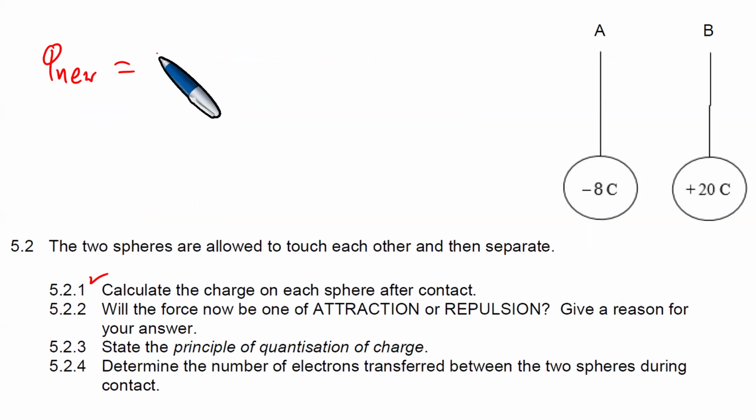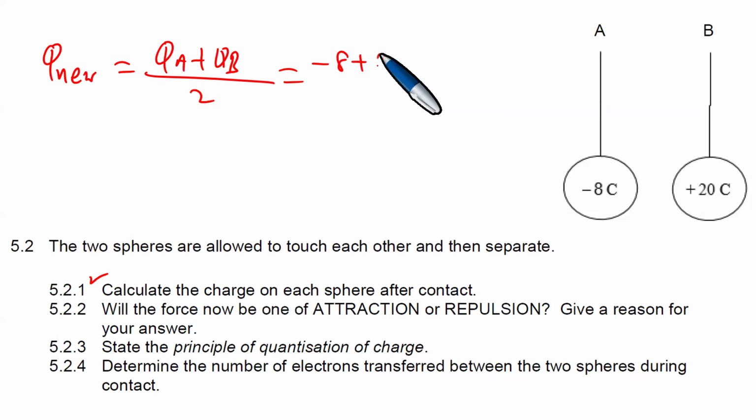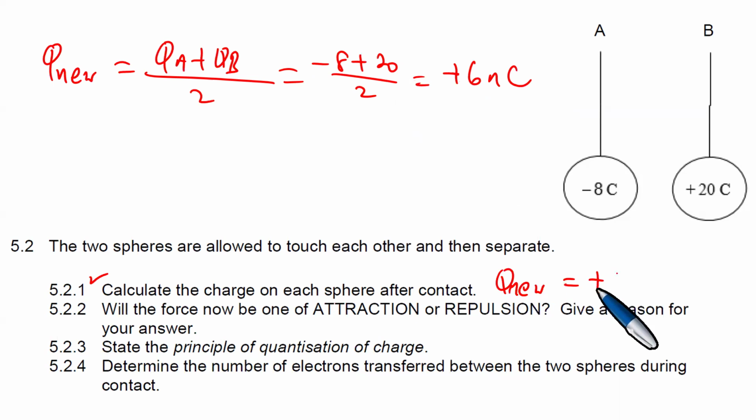If they're brought next to each other and then separated, there's QA plus QB, you divide by 2. The QA is -8, the QB is 20, you divide by 2. And this is actually 6 nanocoulombs. So the charge on each sphere after contact, the new charge Q new, is +6 nanocoulombs.